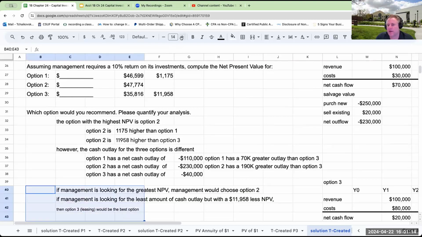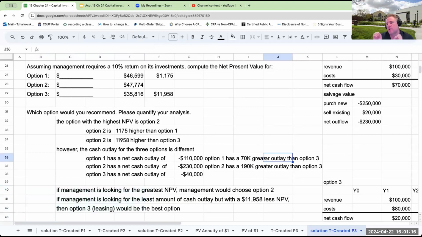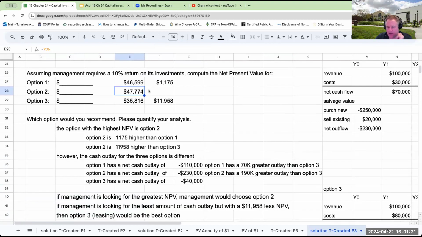And if you're taking my class, one of the things I'm really trying to teach my students is that when you're giving an explanation for anything, you always want to quantify it. You don't want to just say option two, highest NPV, right? Which option would you recommend? These are all three different.